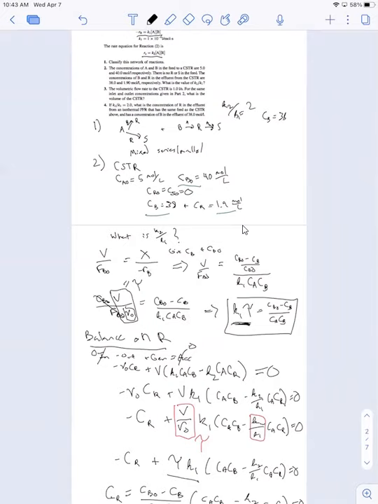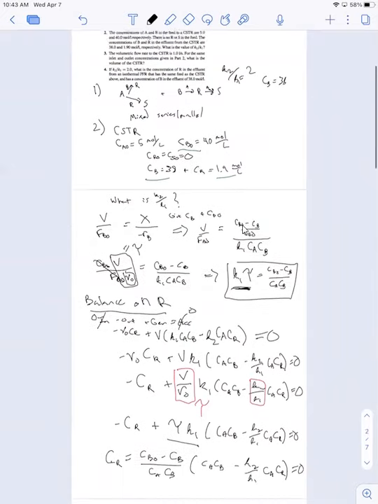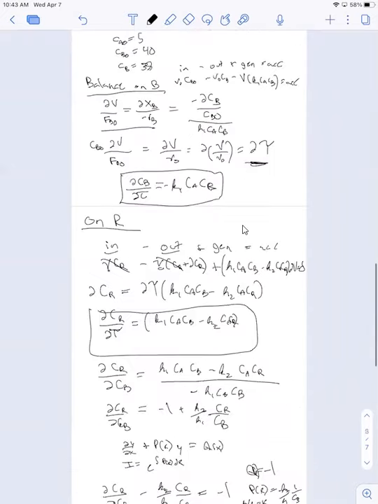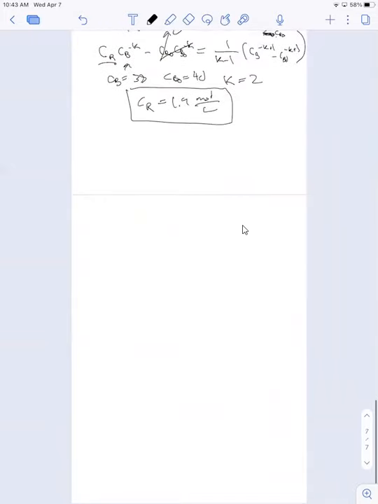If you have A goes to R, and then maybe S goes to A, and A goes to C or something like that, you have 3 reactions with A, right?